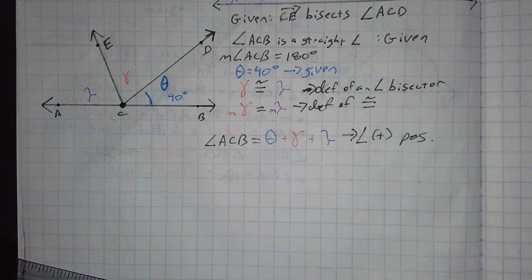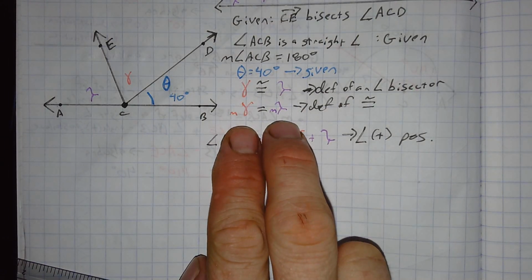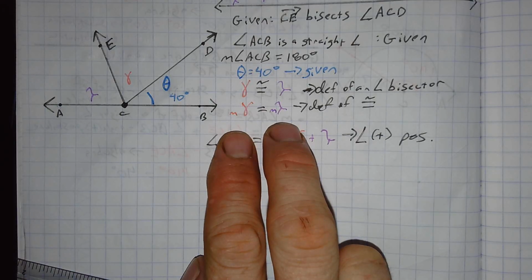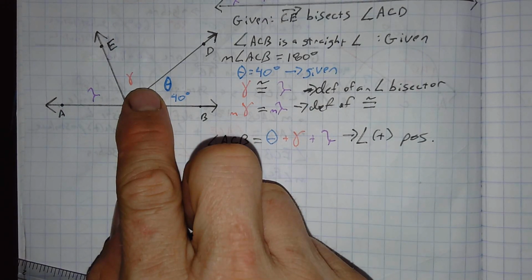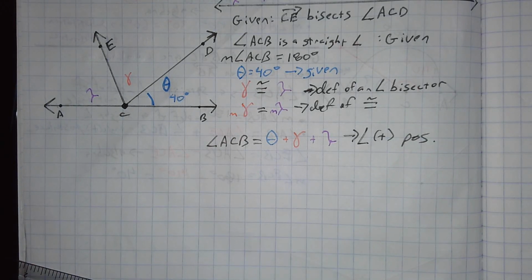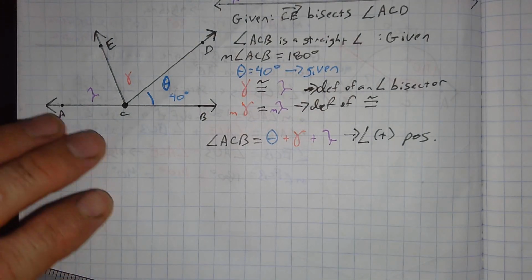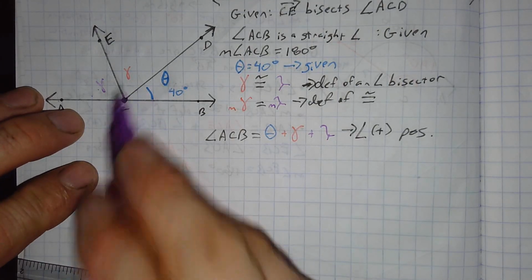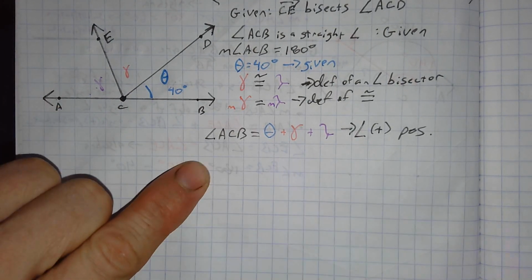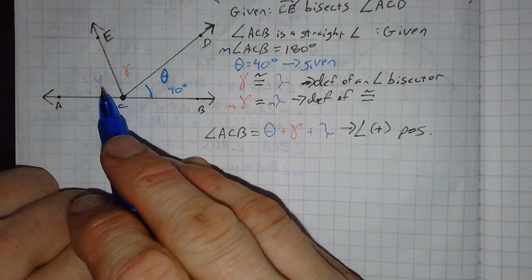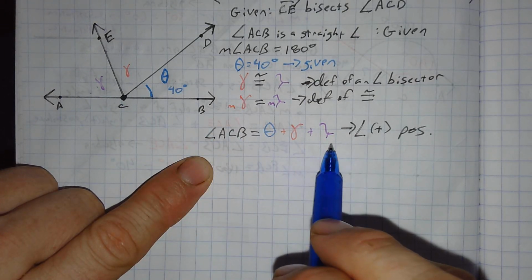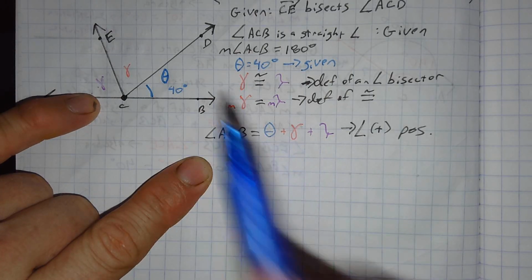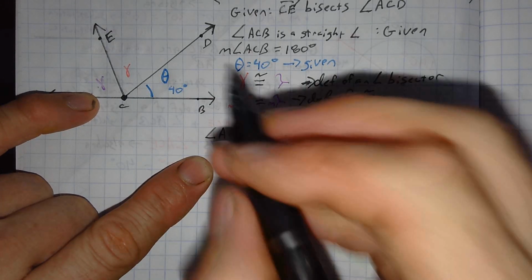So what? Well, if I know that these measures are the same, right, then I can say that instead of lambda and gamma, I'm just going to call this one gamma. They're the same measure, so they're the same angle, right? So if I'm going to do that up here, I substituted lambda for gamma, I'm going to substitute it right here.